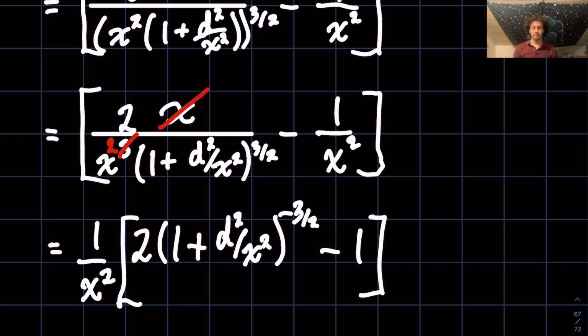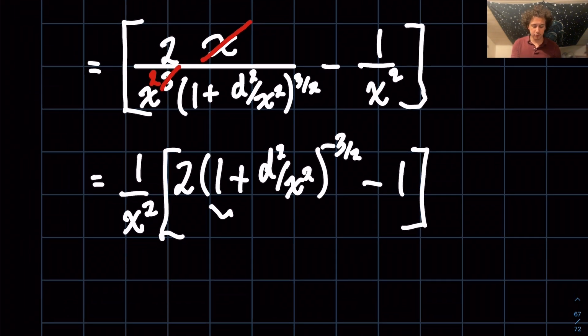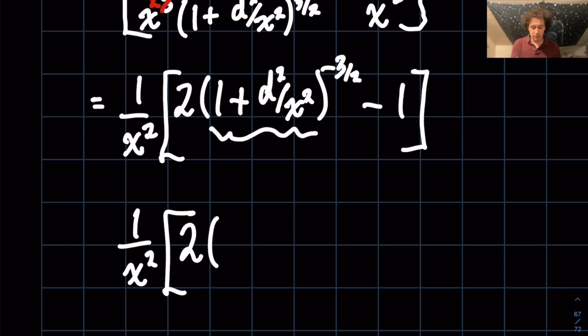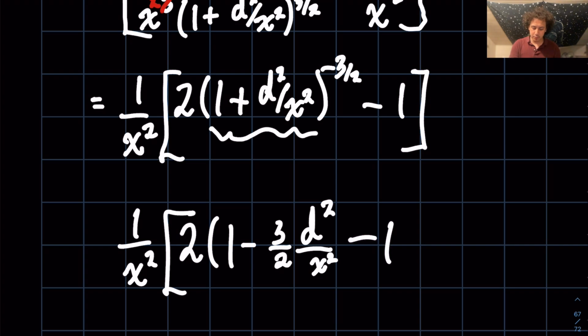And notice now that this is already in the form right here of 1 plus something very small to the power n. And so if we use our binomial theorem on this, we'll rewrite this factor out front: 2 times 1 minus 3 halves times d squared over x squared, minus 1.